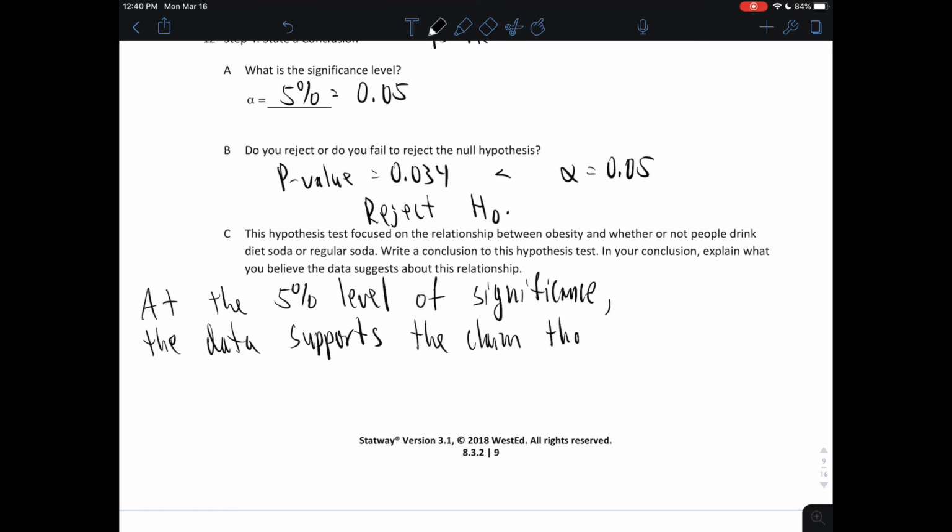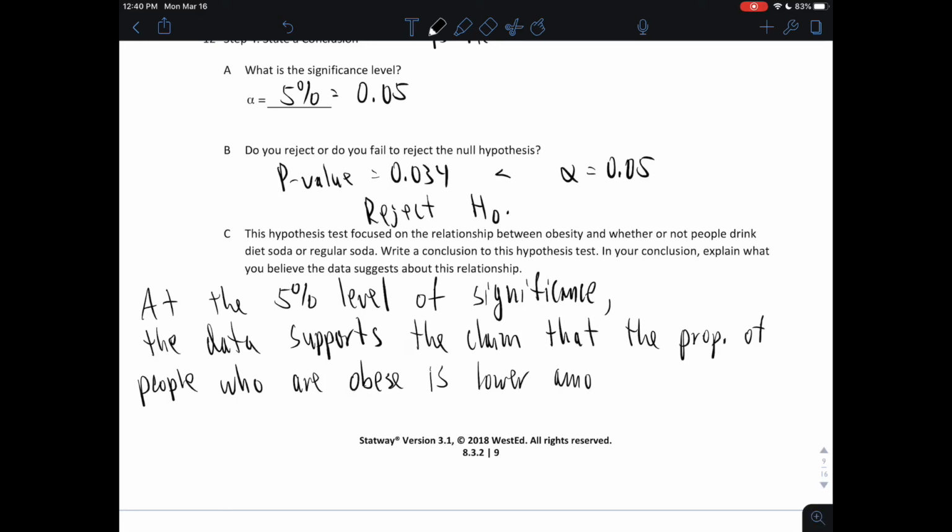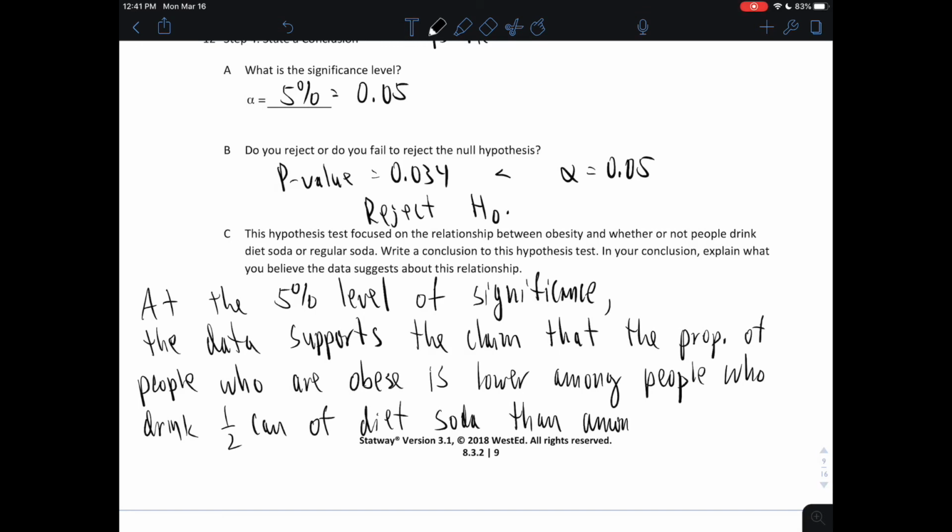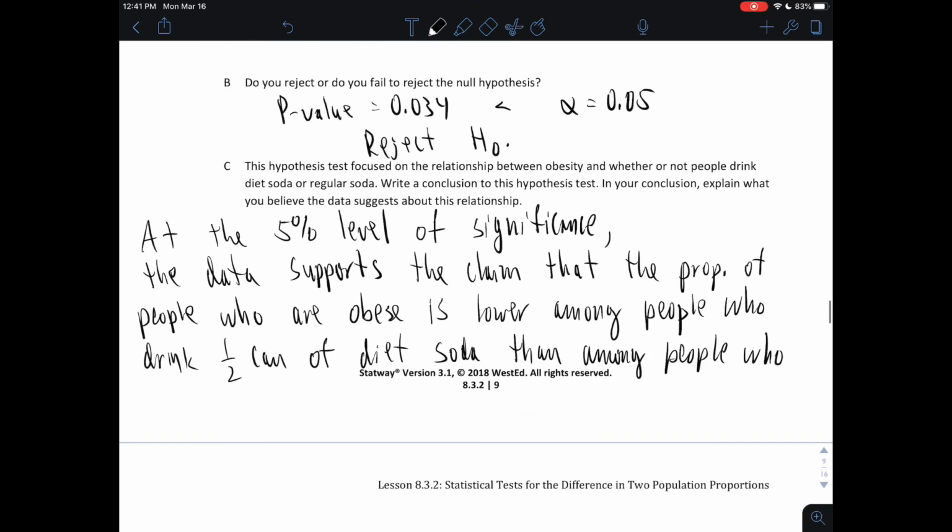Supports the claim that the proportion of people who are obese is lower among people who drink a half can of diet soda than among people who drink 1 can of regular soda.